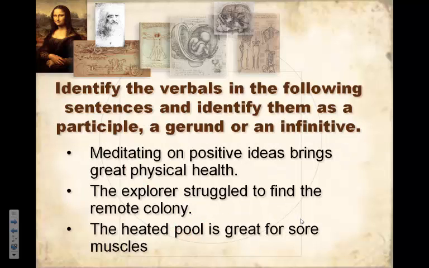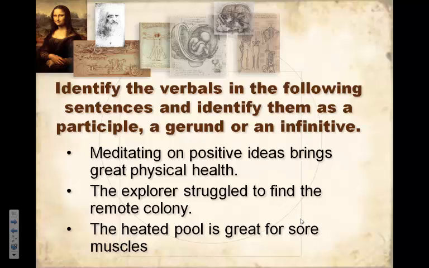And then I want you just to practice a little bit. Identify the verbals in the following sentences and identify them as a participle, a gerund, or an infinitive. Those are the three types of verbals. Okay, so first, find the verbal. Then decide if it's a participle, meaning it's functioning as an adjective, a gerund, meaning it's functioning as a noun, or an infinitive, meaning it's functioning as a noun, adjective, or adverb.